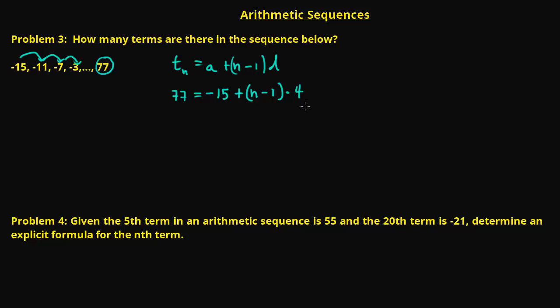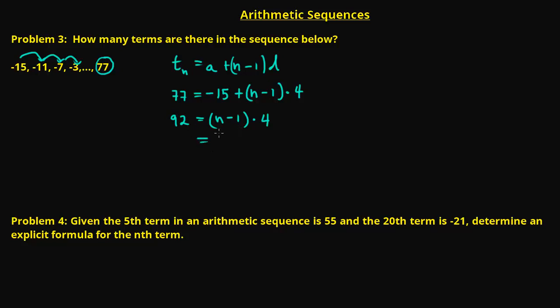To solve, we first add 15 to both sides of this equation, and we get that n minus 1 times 4 is equal to 77 plus 15, which is 92.